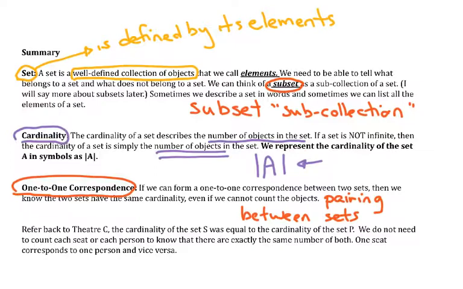And when we can form a one-to-one correspondence between two sets, we know they have the same cardinality. So that is an important idea. It's right here. If we can form a one-to-one correspondence between the two sets, then we know the two sets have the same cardinality, even if we cannot count the objects.